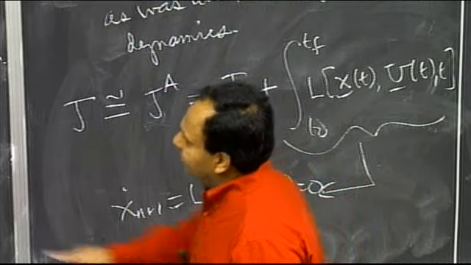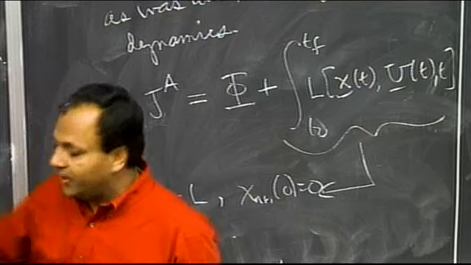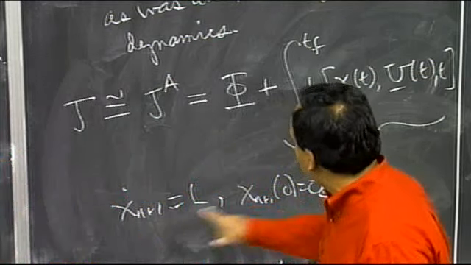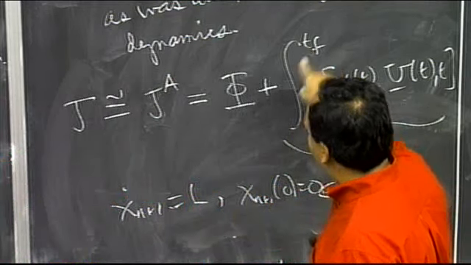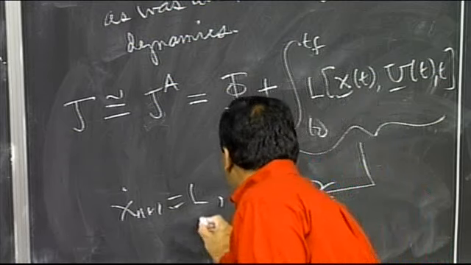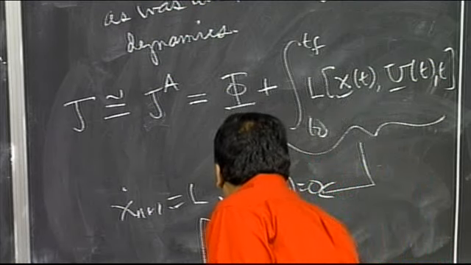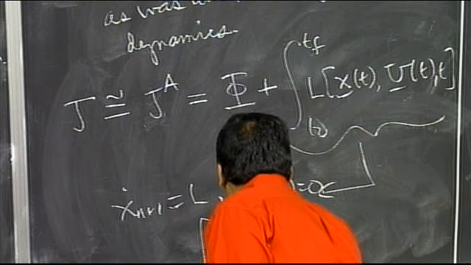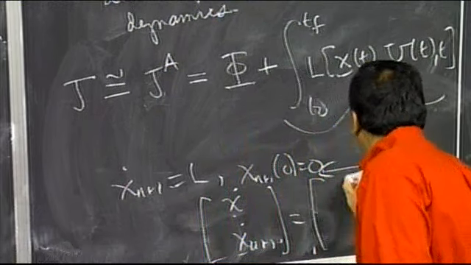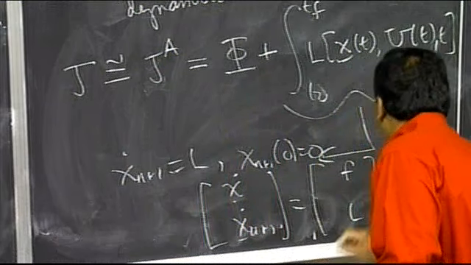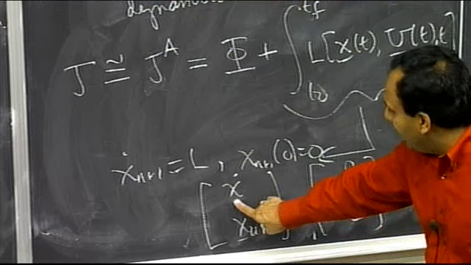So I could almost do it simultaneous with this over here, right? And if I integrate this from t0 to tf, it's like integrating the new system, x dot and x n plus 1 dot is equal to f and L, right? I can just integrate this whole thing all at once, right?